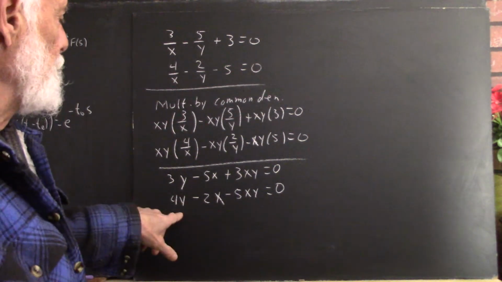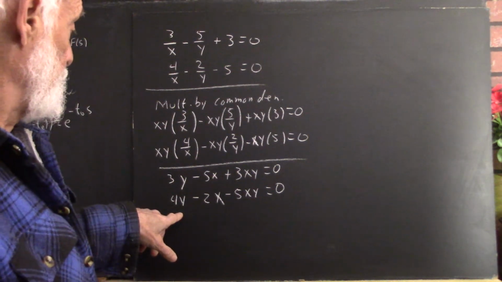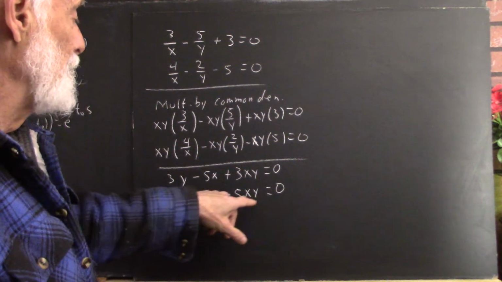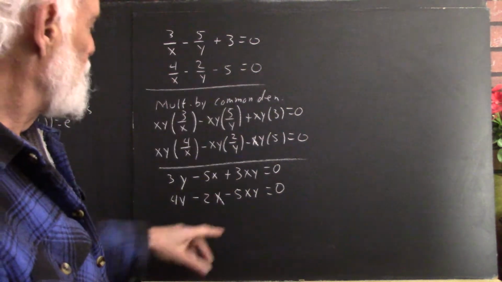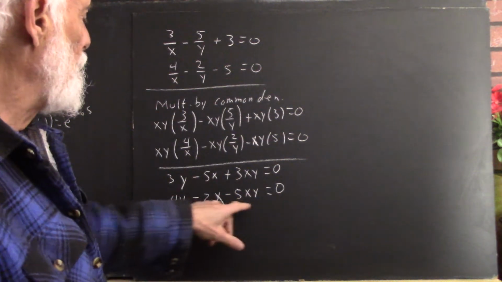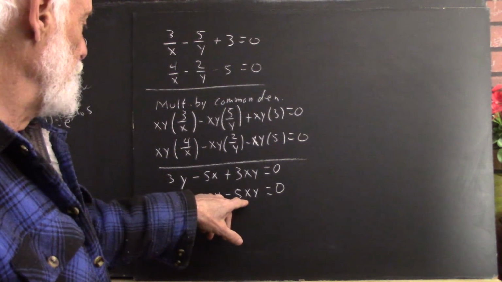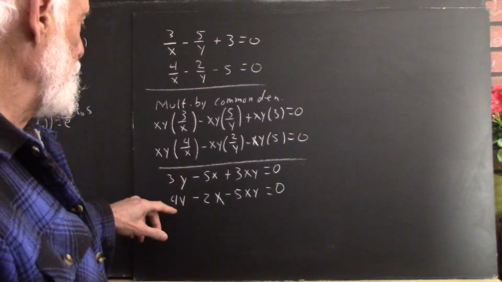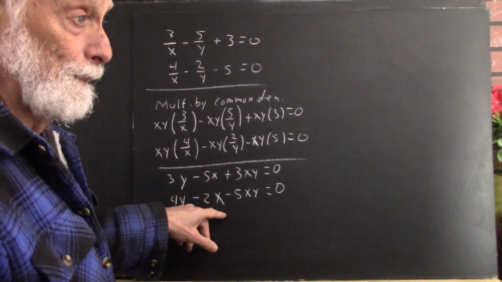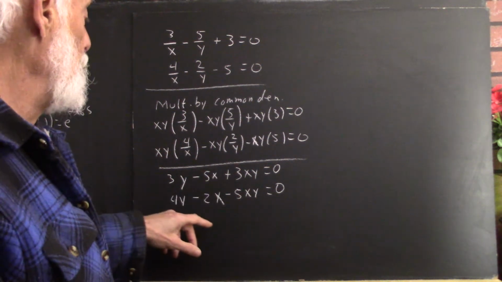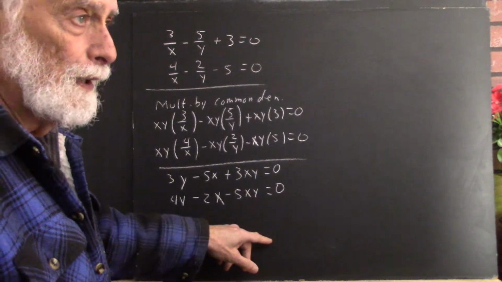If we try to solve this equation for y, we're going to get y equals some multiple of x, but actually to solve for y, we'd have to factor y out of these two terms. And we get y times the quantity 4 minus x, and that would equal 2x, so that y would equal 4 minus x divided by 2x.